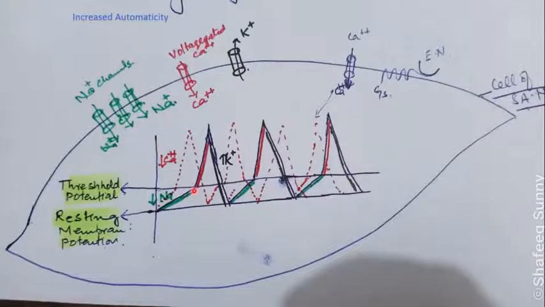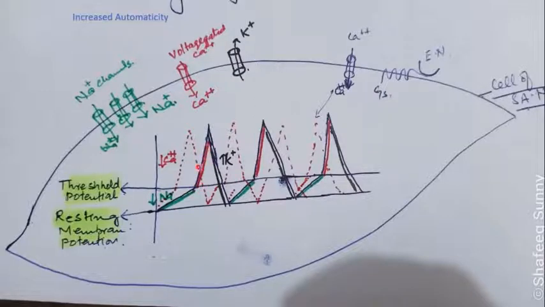As soon as the membrane potential reaches the threshold potential, there is an opening of the voltage gated calcium channels, and a lot of calcium comes in, and this produces the calcium dependent depolarization.